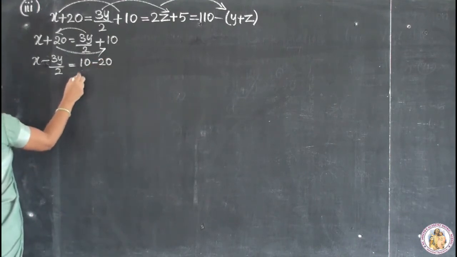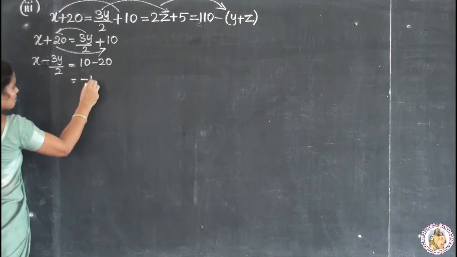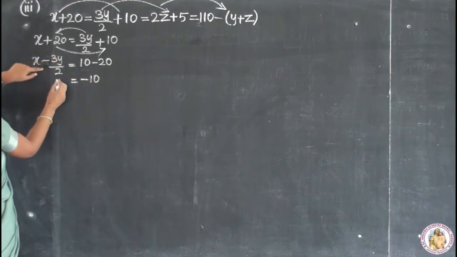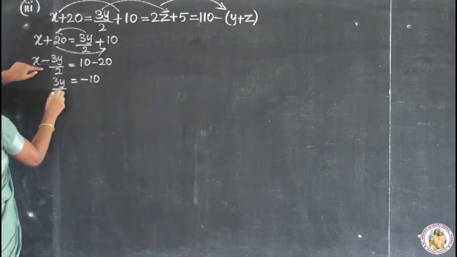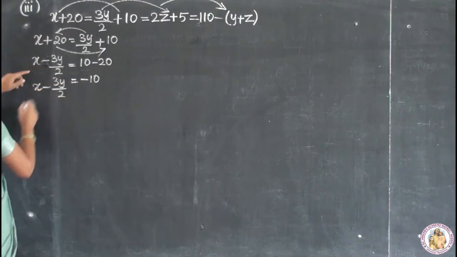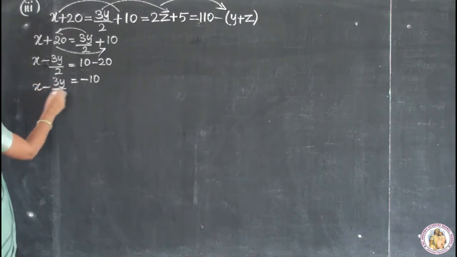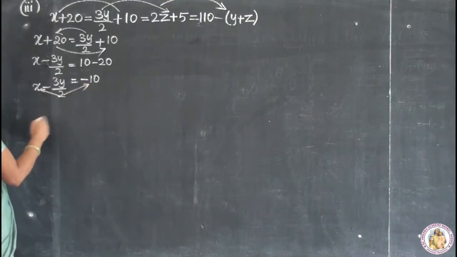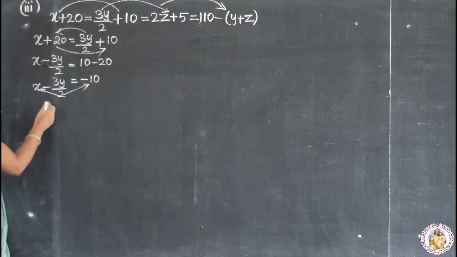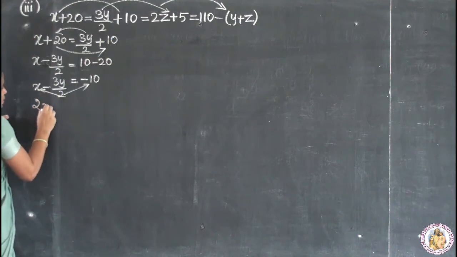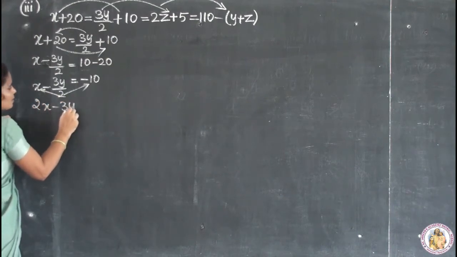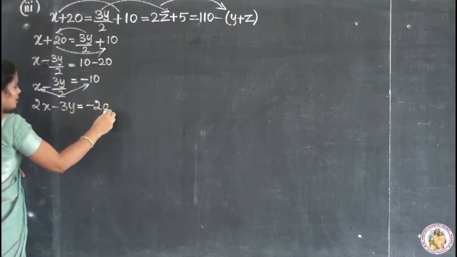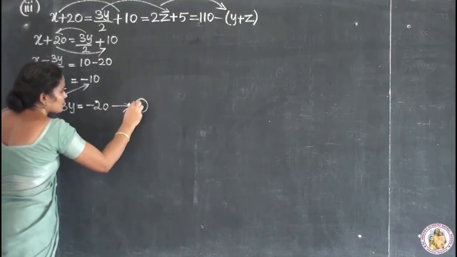Okay, and 10 minus 20 is minus 10. To make it equal, multiply with 2 to both the right side as well as the left side. 2 into x, 2x minus 3y is equal to minus 20. Taking this as the first equation.